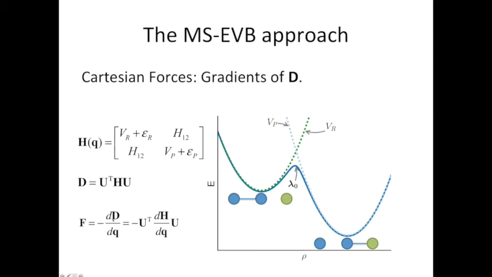Q is the vector of my Cartesian coordinates. The Cartesian gradient is just equal to my eigenvectors, just like you've seen up here, multiplied by the gradient of my Hamiltonian matrix. So as long as I can differentiate the elements in this H matrix, I can get gradients out, and then I can propagate molecular dynamics.